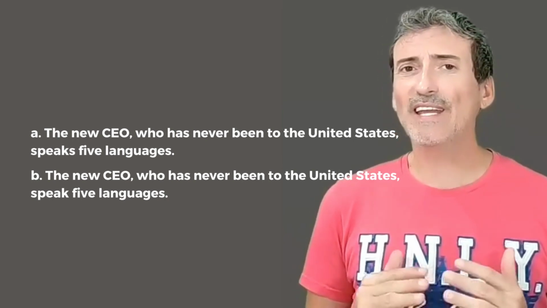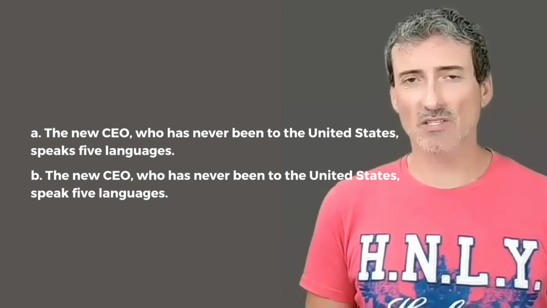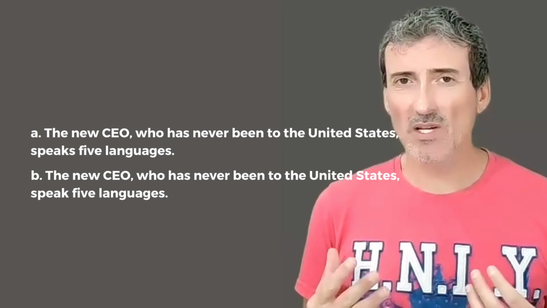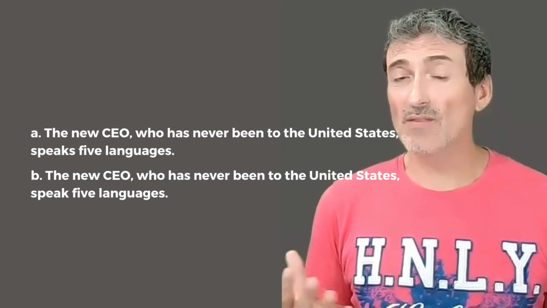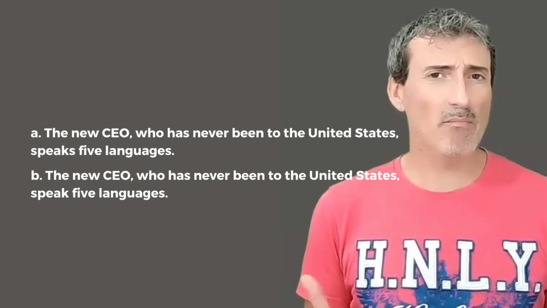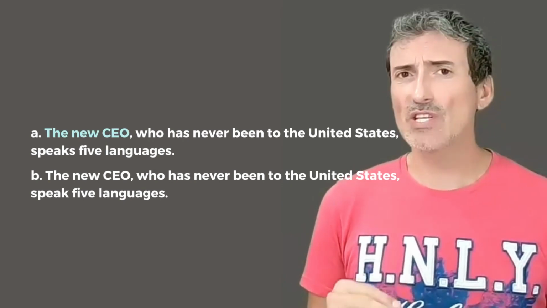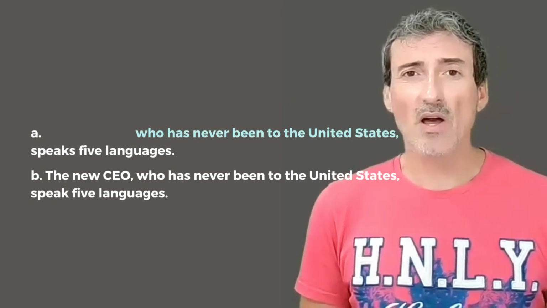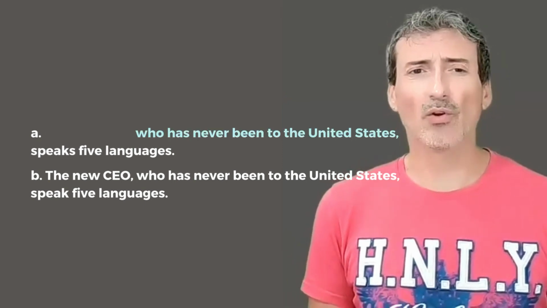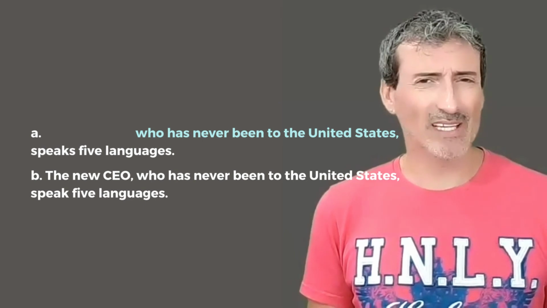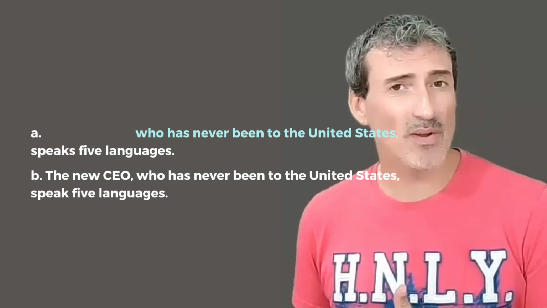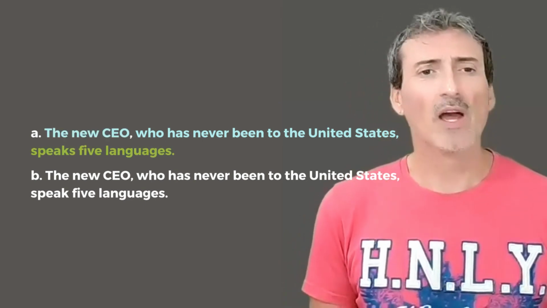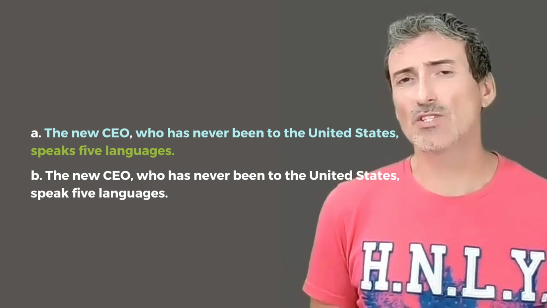We have a different kind of complex subject. This complex subject is made up of several constituents. For example, a phrase, the new CEO, this is actually the subject. And then we have a clause, a relative clause, who has never been to the United States. And then we have the predicator, the verb, speaks 5 languages.